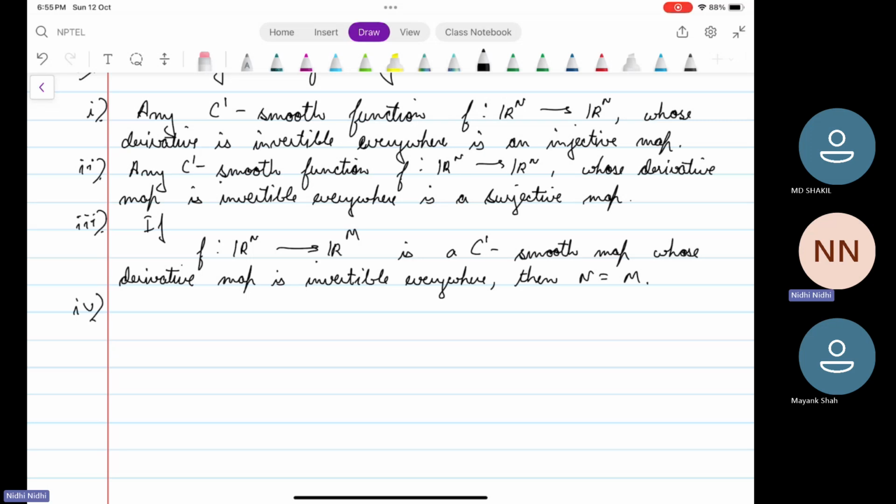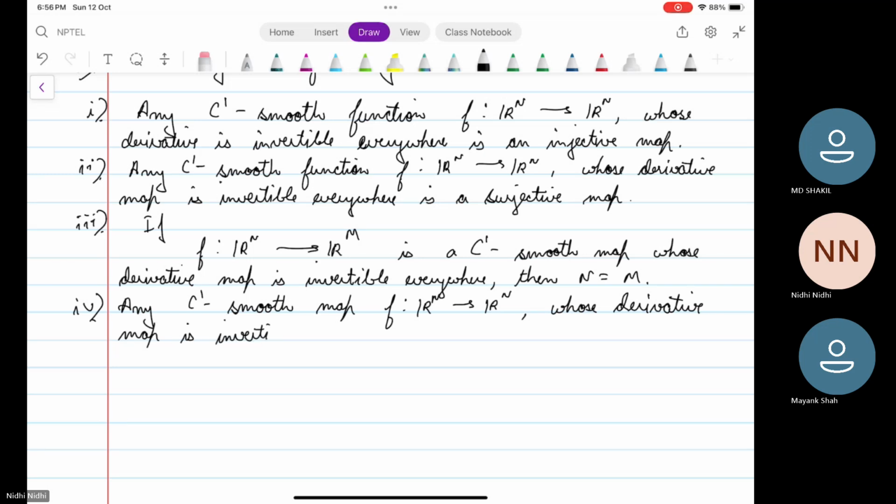And the last one: any C1 smooth map f from Rn to Rn whose derivative map is invertible everywhere is a local diffeomorphism.